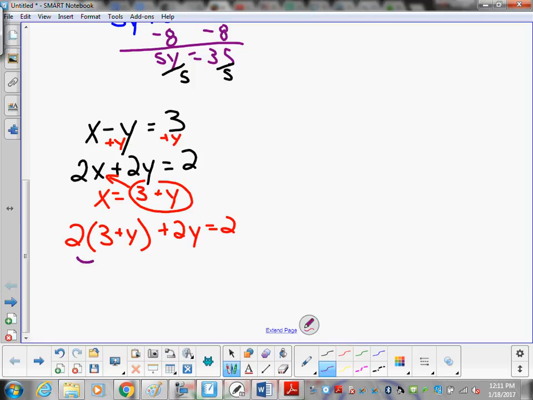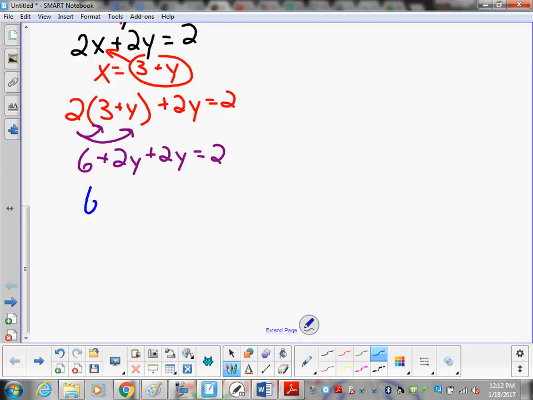So 2 times 3 is 6. 2 times y is 2y. So I got 6 plus 2y plus 2y equals 2. Combine your y's. You get 6 plus 4y equals 2.